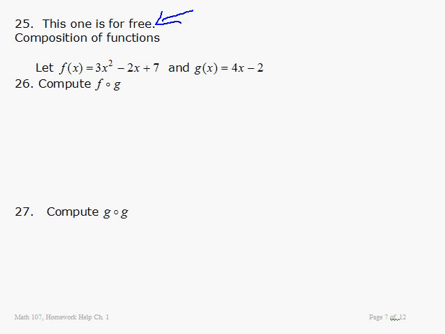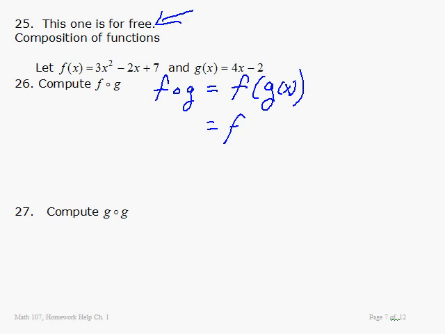So for 26 and 27, we're looking at composition of functions. This can be a hard concept to understand, but here are the mechanics of it. F composed with G, rewrite as F of G of x. F is the outside function, G is the inside function.